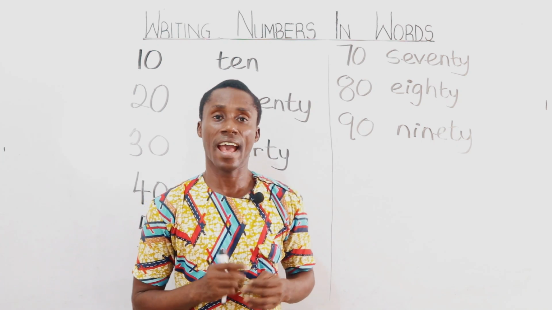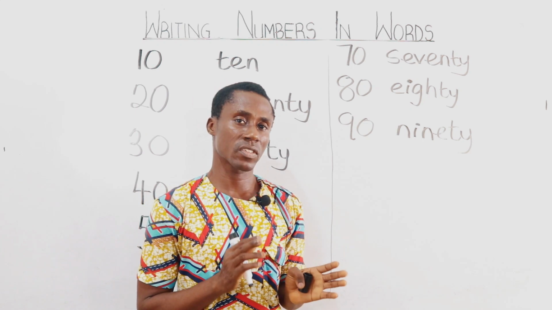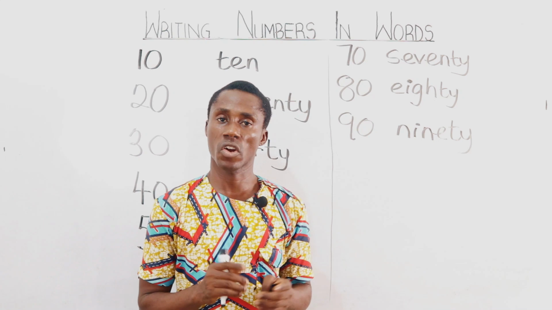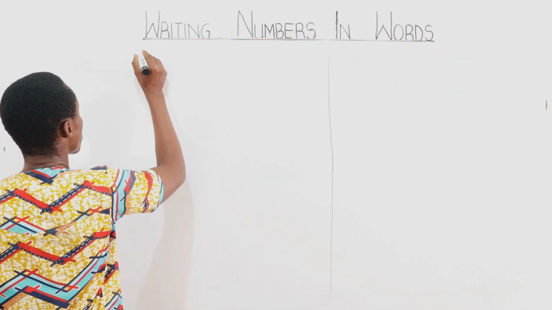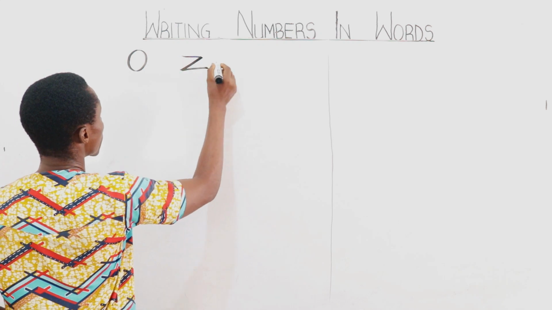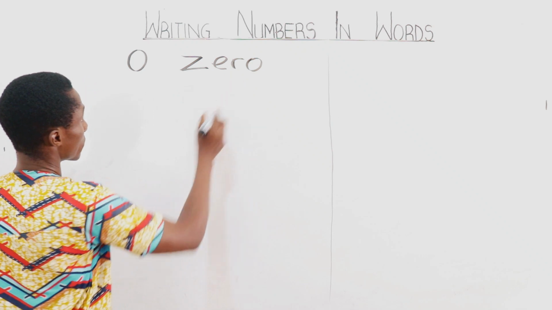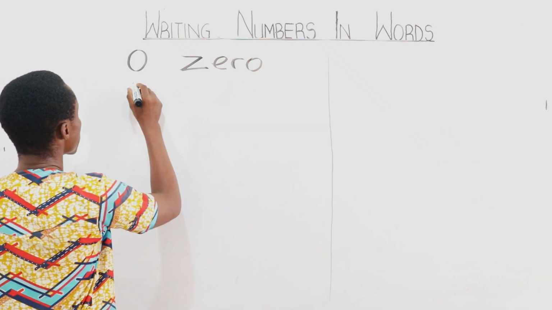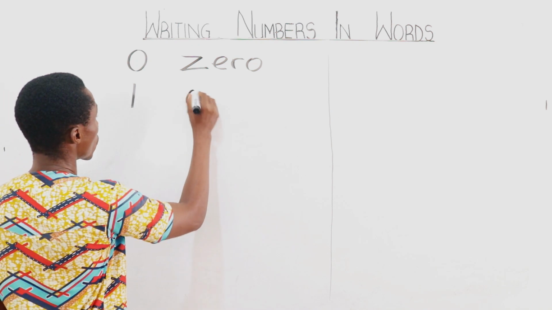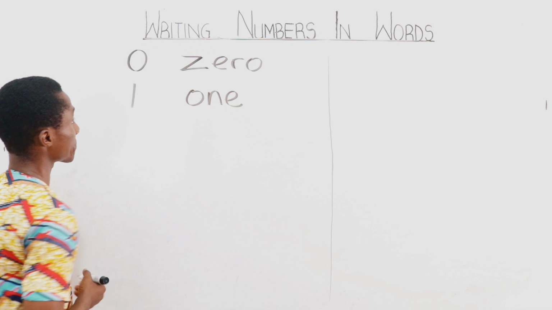Let's look at how to write the numbers from 0 to 19 in words. So the number 0 is Z-E-R-O, 0. And the next number is 1. 1 is O-N-E, 1.